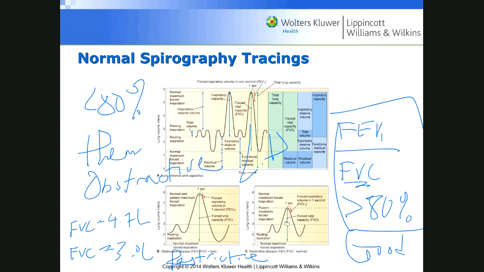But you look at this one right here, it's from 1 to 6. That's almost 5 liters. This is normal vital capacity. This vital capacity is low, right? Restrictive lung disease. Now, why is that?